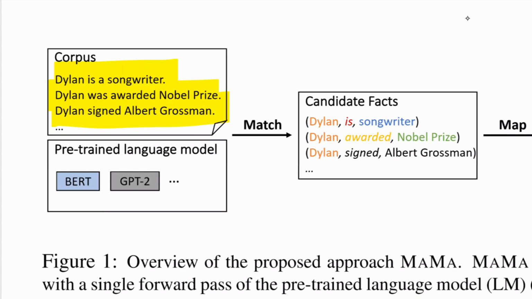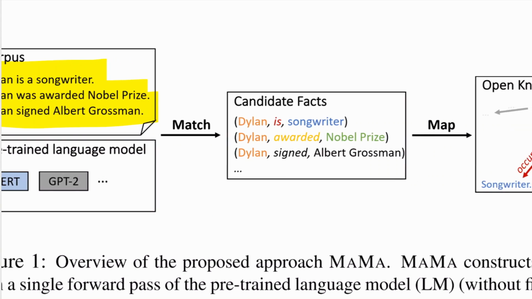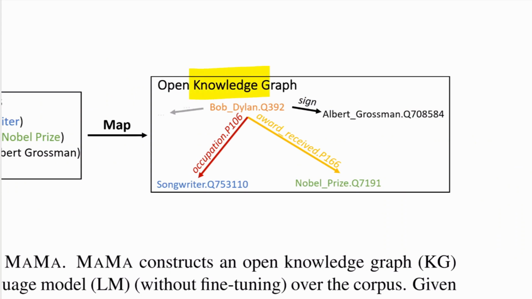And what you want to do is you want to extract a knowledge graph. So the knowledge graph has two distinct things. It has entities, and one entity here would be Bob Dylan, songwriter is an entity, Nobel Prize is an entity. You can sort of think of them as nouns, okay? And then the second part in knowledge graphs are the relations.